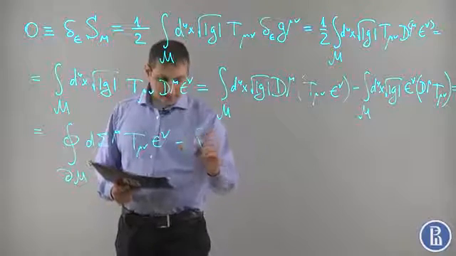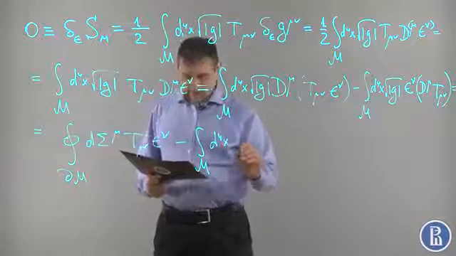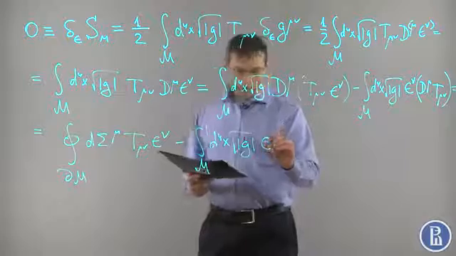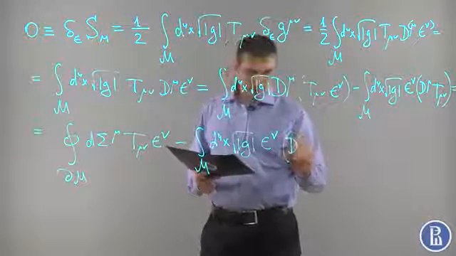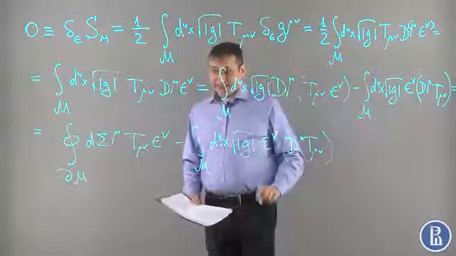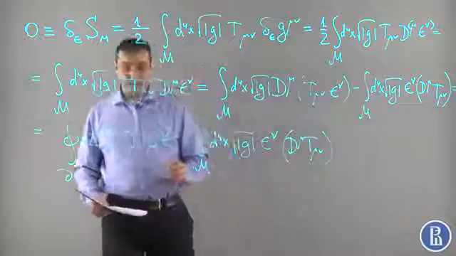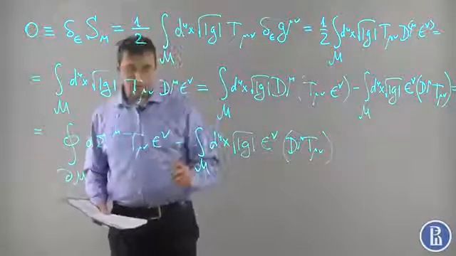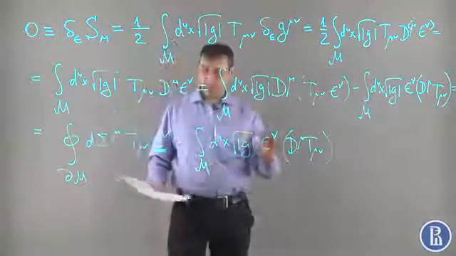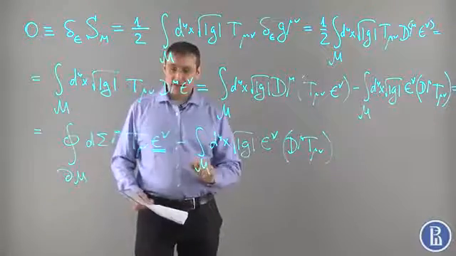The second term remains the same, we don't change it: d4x square root of modulus of g epsilon nu times d mu t mu nu. It is a separate interesting story to consider coordinate transformations for which this boundary term doesn't vanish. This is an interesting story and a separate exercise, etc., etc.